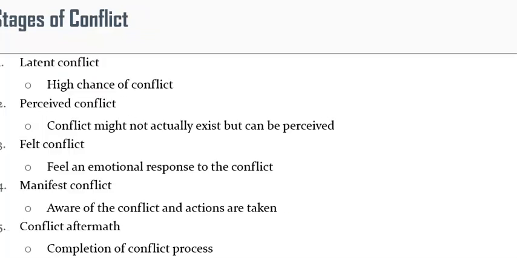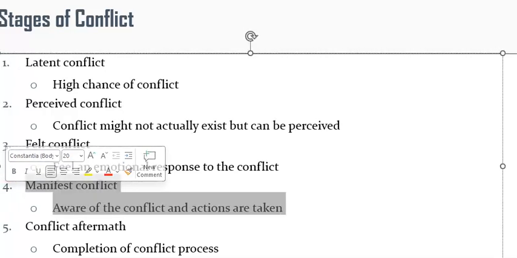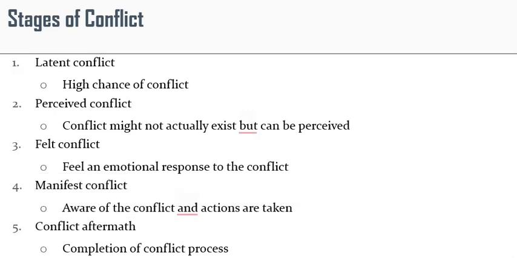Next, we will talk about stages of conflict. And this is also in Chapter 32 of your ATI book, if you wish to go back in your book. So the first stage is the latent conflict.